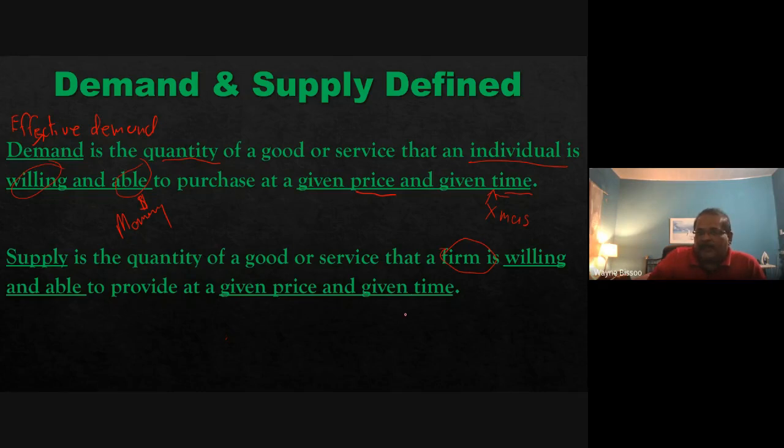So these four conditionalities are the same. The firm must be willing to do something, but they must be able to do it as well. And the ability is not created by the amount of money that they have, but really the access to the resources that they have available to be able to make that good. So their ability here is going to be shaped by the access to resources.